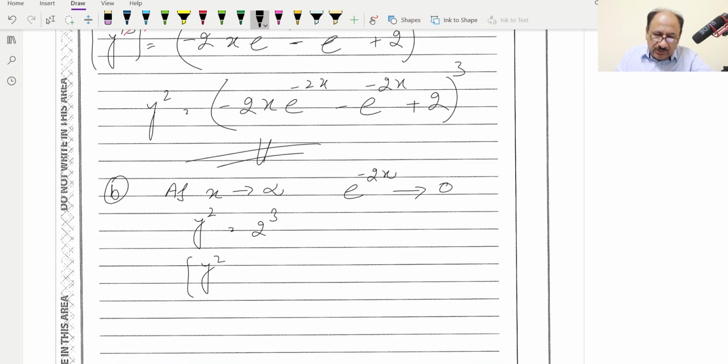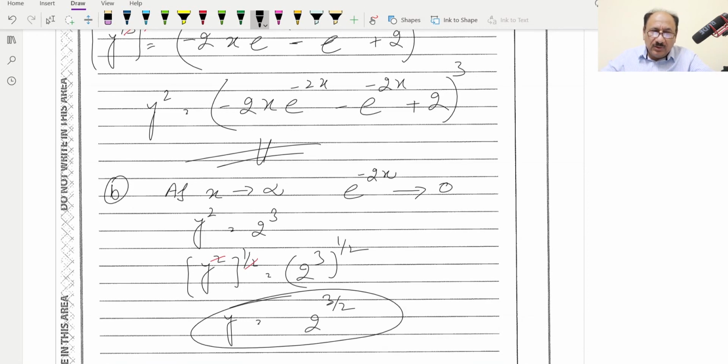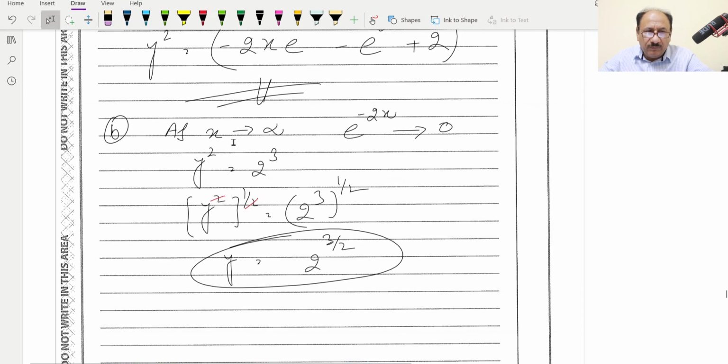The square cancels, and this can be written as y equal to 2 raised to the power 3 by 2, and this one will be our final answer for B part.